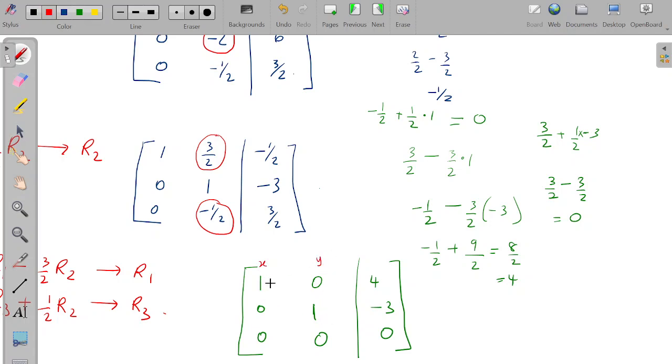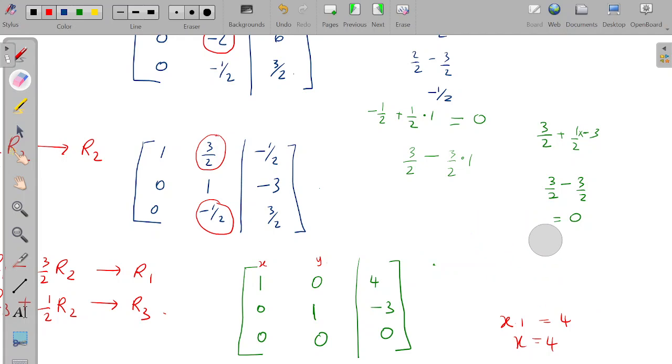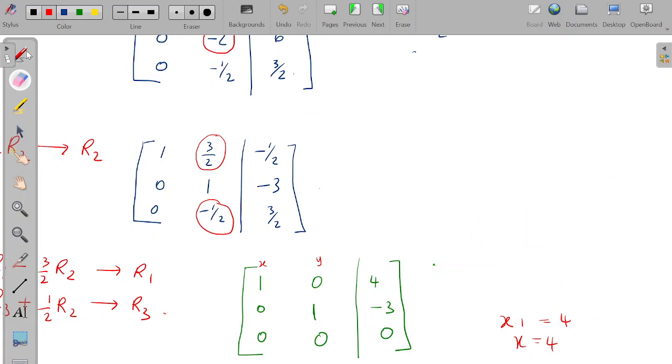We see x is 1 here, so we have x times 1 equals 4, which means x equals 4. Also y equals negative 3. So we have x equals 4 and y equals negative 3.